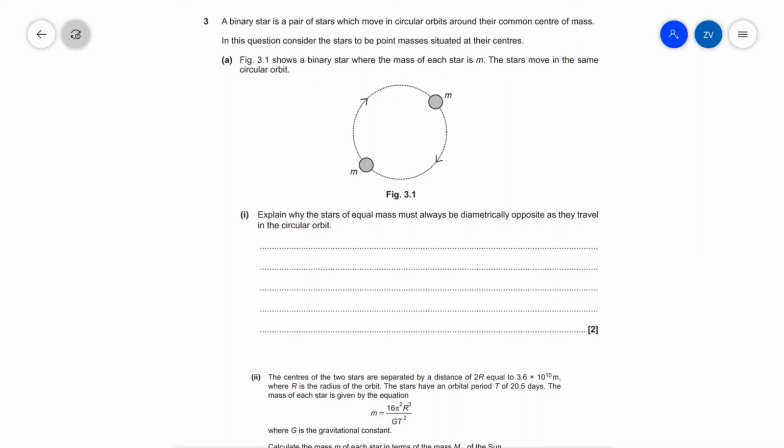Okay guys, so question 3, we have a binary star system. Explain why the stars of equal mass must be diametrically opposite as they travel in the circular orbit. Now the key idea here is that they're traveling in a circular orbit, and if they're traveling in a circular orbit, they experience a centripetal force, which in this case is provided by the gravitational force.